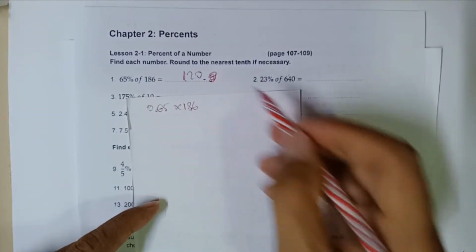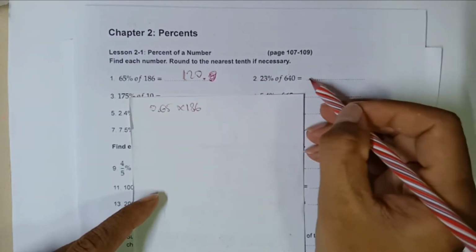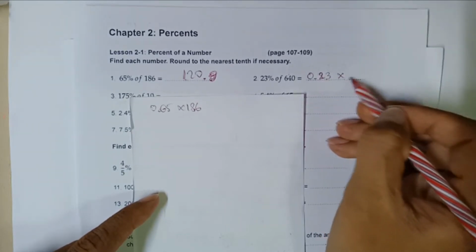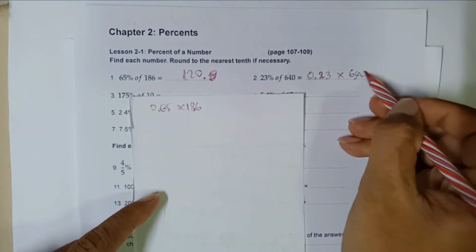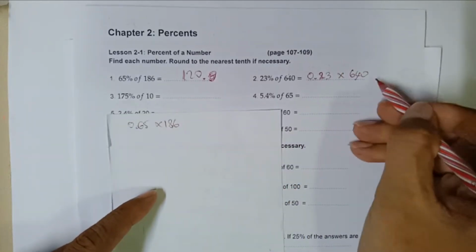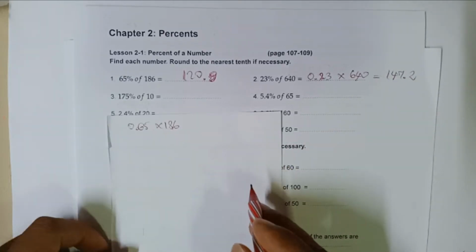And you do the same with this number. What you need to do, you use 0.23, you multiply by 640. So 0.23 multiplied by 640 gives you 147.2.